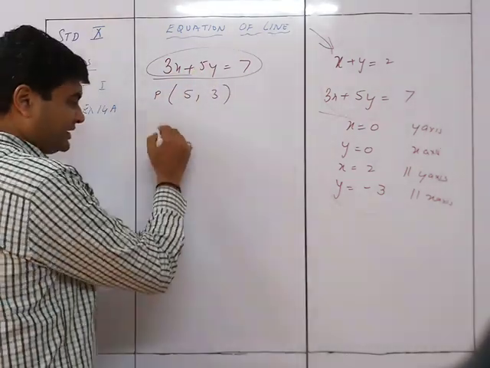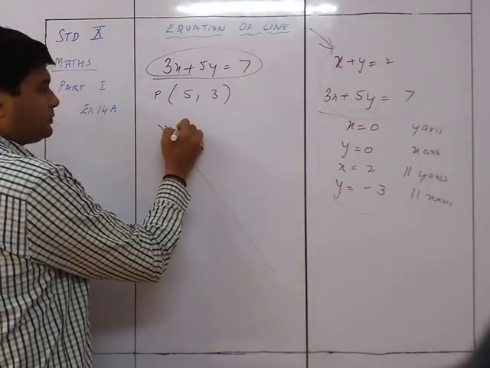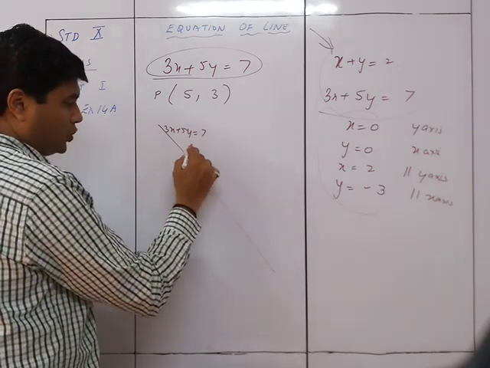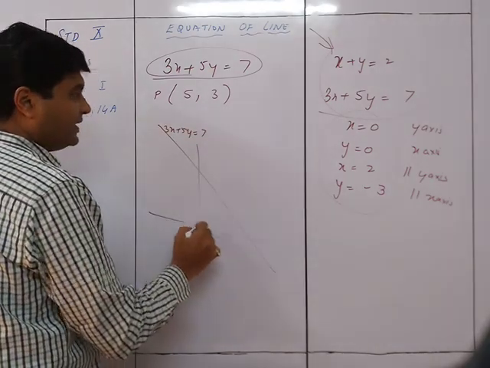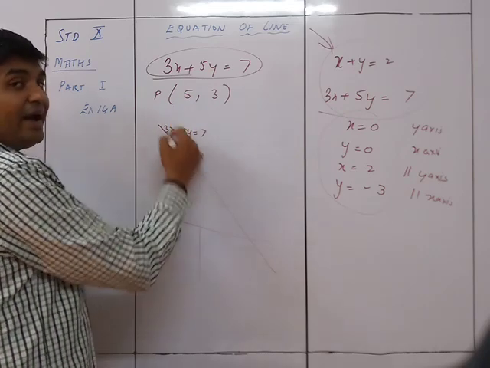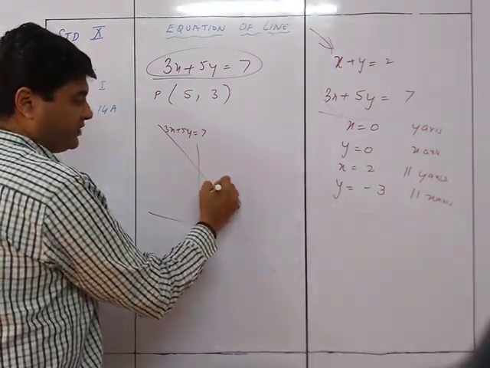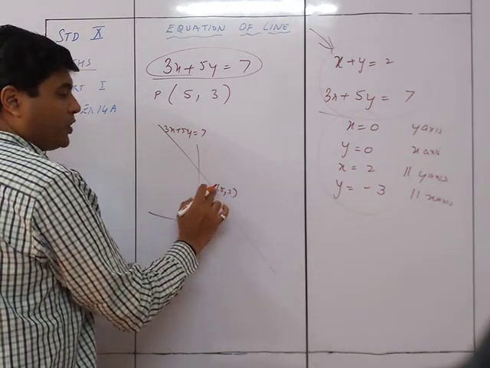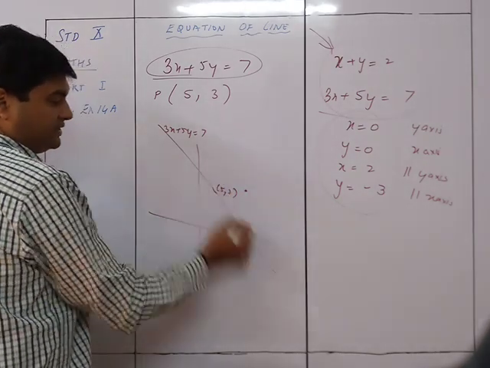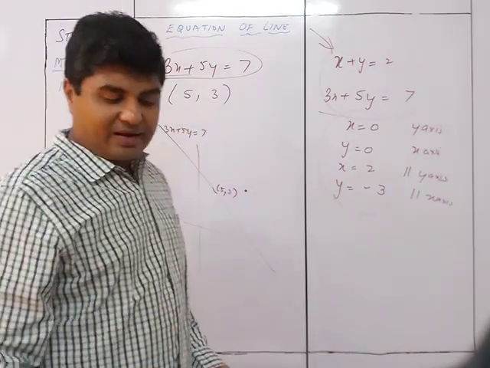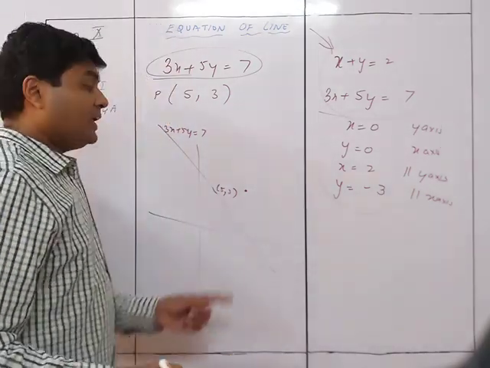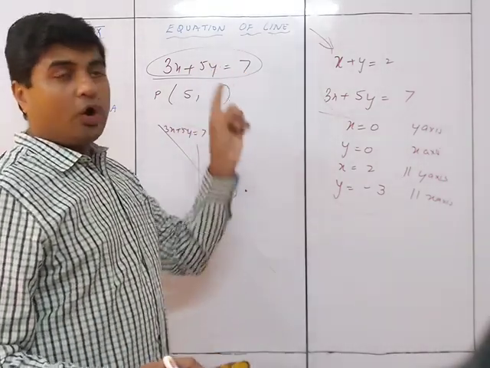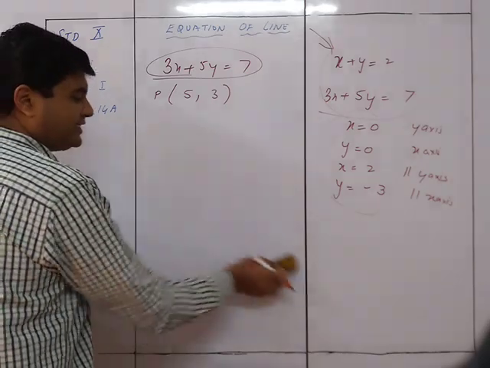That means, if this is a line represented by 3x plus 5y is equal to 7, whether it passes through the point 5 comma 3, or whether 5 comma 3 is here whereas the line is passing like this. That is what we are trying to find out: whether that point lies on that line or not. For this, it's a very simple method.